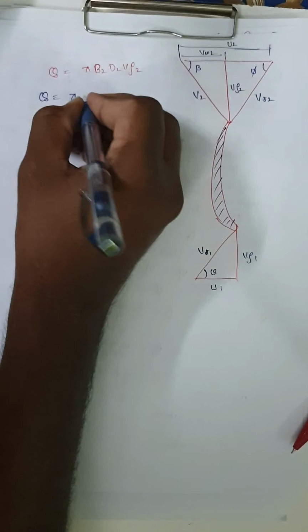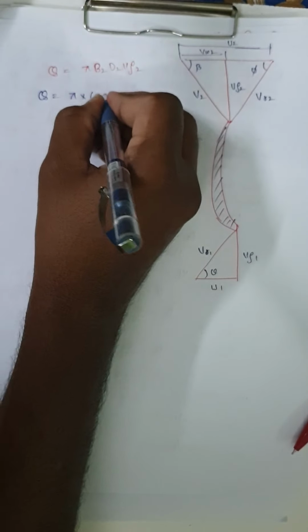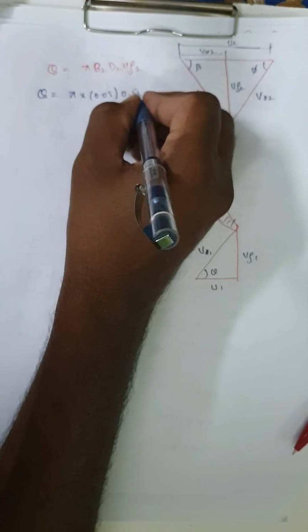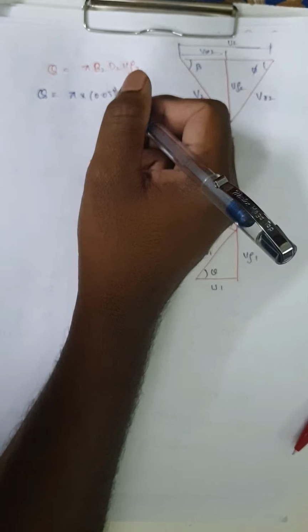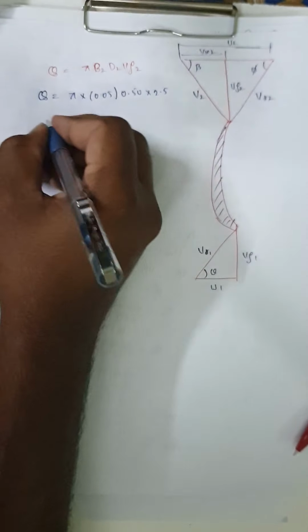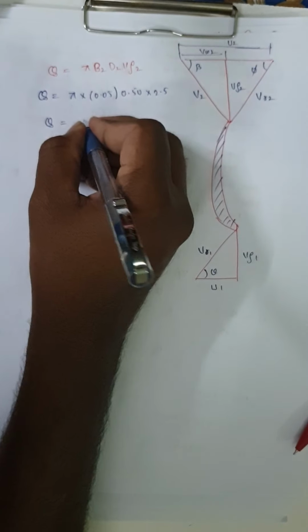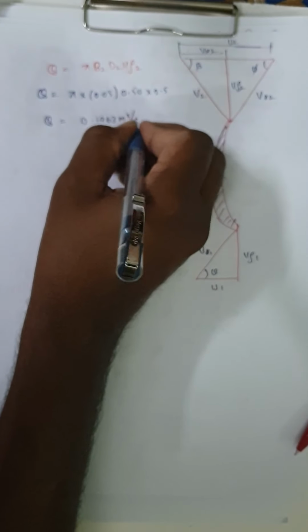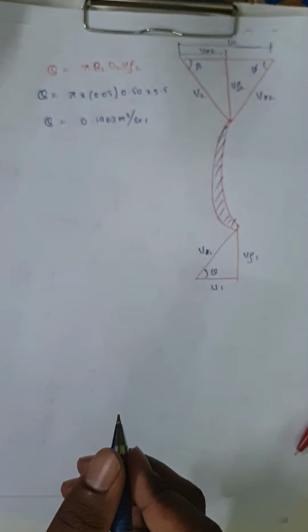Discharge is equal to pi, B2 value is 0.05, D2 value is 0.50, and Vf2 value is also given, 2.5. So you will get the discharge is equal to 0.1963 meter cube per second. This is the value for discharge.